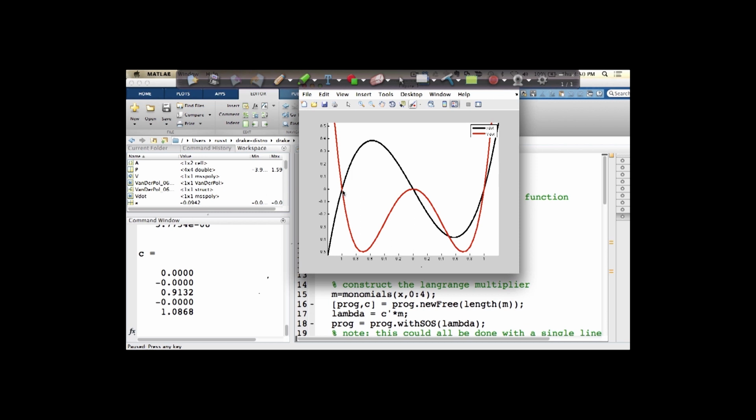How do I prove that? I find a Lagrange multiplier, this lambda, which is some positive function, which when I add it together, now this is V dot plus lambda times (1 minus V), when I add it in together with this, it makes a function which is in fact negative everywhere.